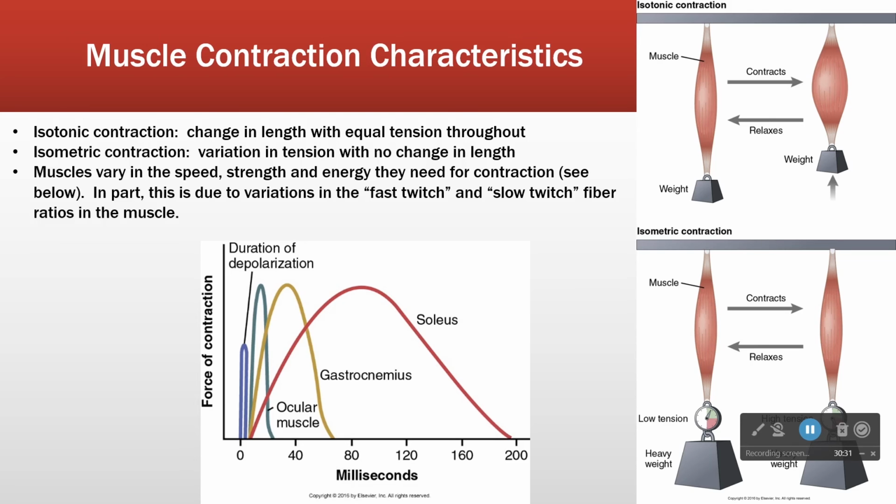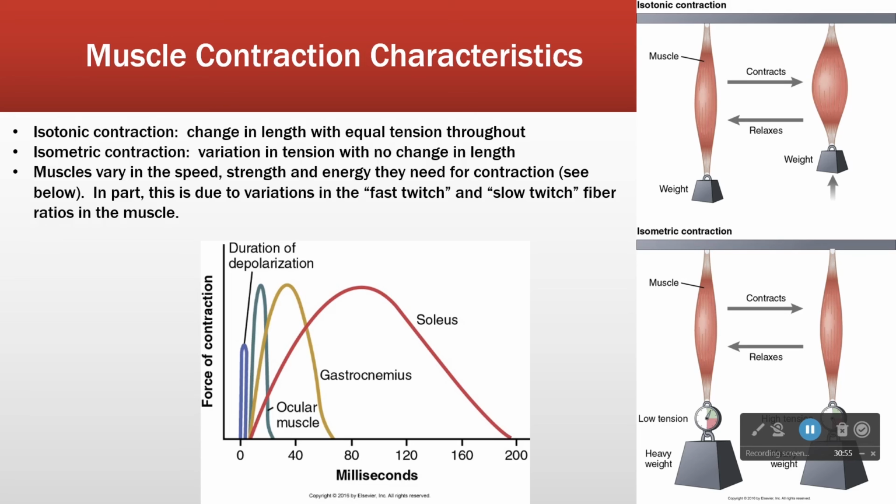The soleus muscle is like our walking, standing muscle. It's a slow twitch muscle. It can work all day and not complain. Then you have the gastrocnemius, which is our jumping muscle, and it can throw us up into the air, but it can't maintain that tension for long periods of time.